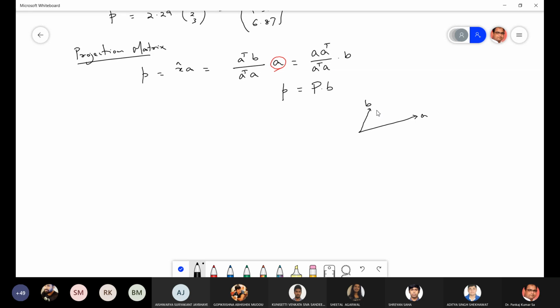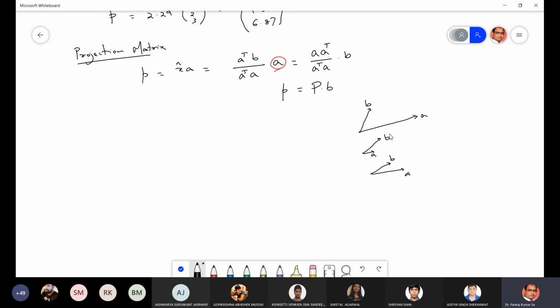Now, let me draw few variations. This is B, this is A, this is B, this is A. Doesn't matter if the B is same, and irrespective of the magnitude of A, the A vector, the projection should be the same, right?